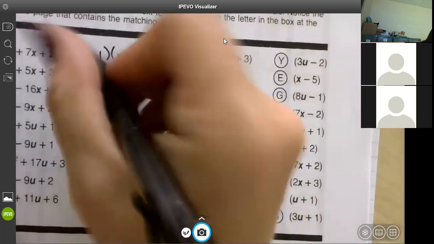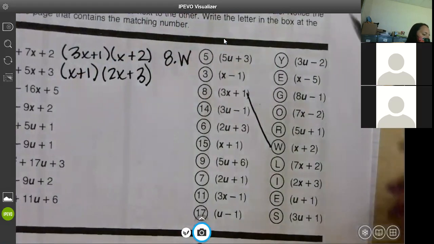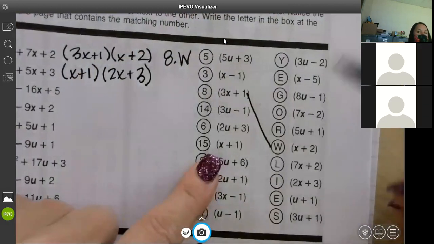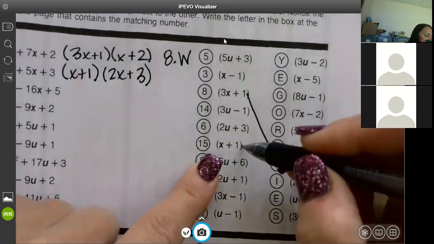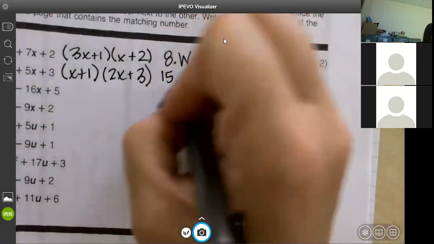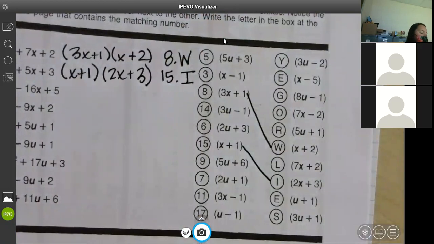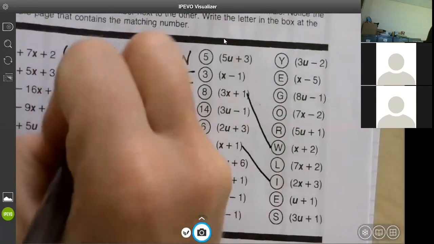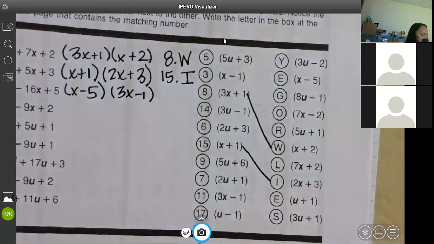Number 2 was x plus 1 and 2x plus 3. So I'm going to look for x plus 1 first, which is right here on 15. And then in the other column, I'm going to look for 2x plus 3, which is right there on I. So this says 15 is I. And then on the last one, I had x minus 5 and 3x minus 1.